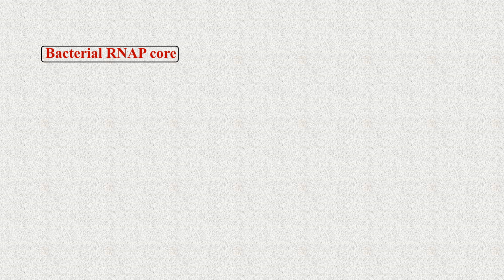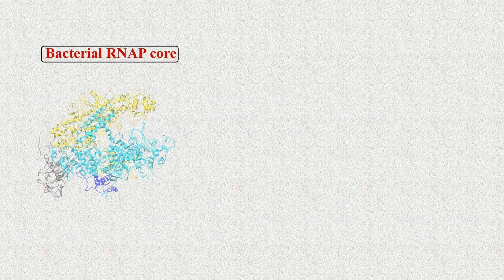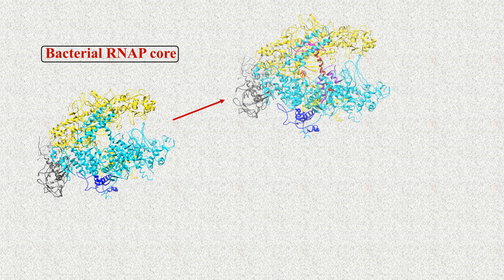If we look at the structure of the bacterial RNA polymerase core, we find that the cleft between beta and beta prime is partitioned into 3 channels. The main primary channel accommodates downstream double-stranded DNA and RNA-DNA hybrid.